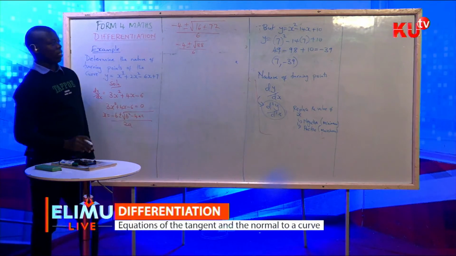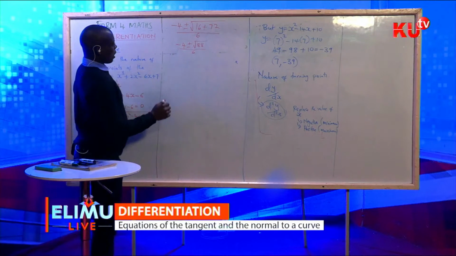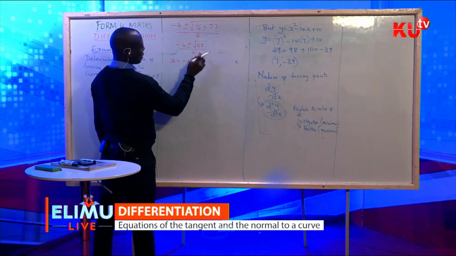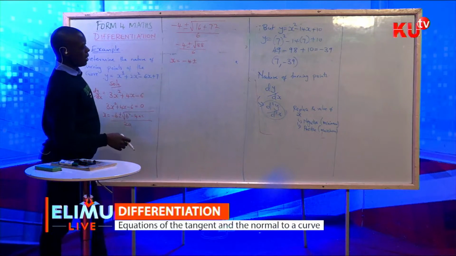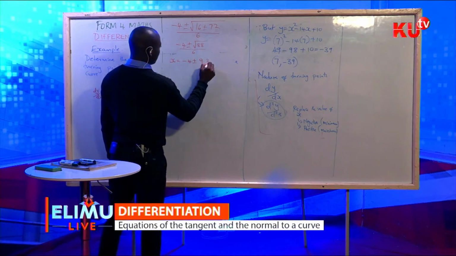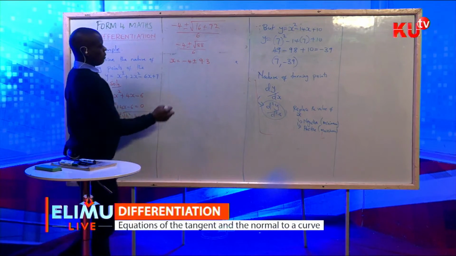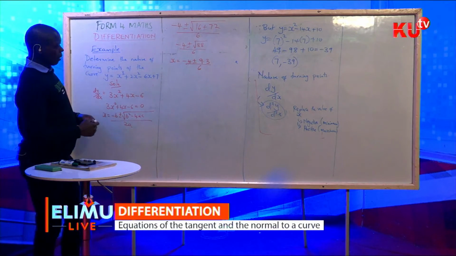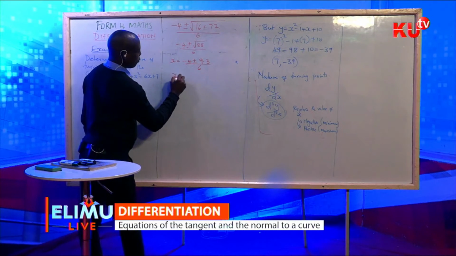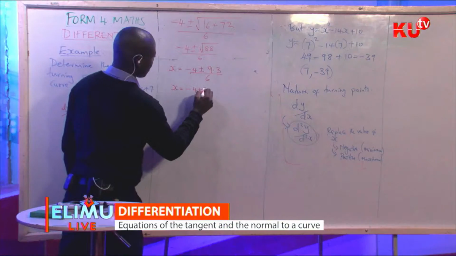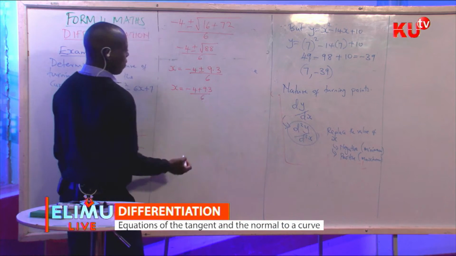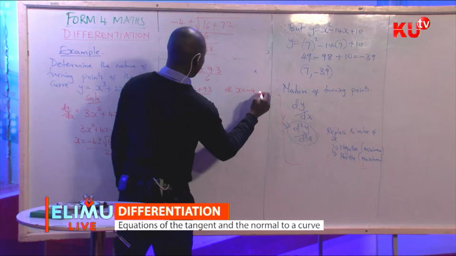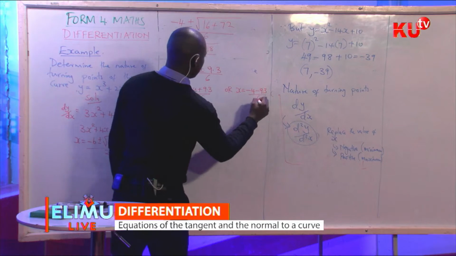If you work out the value of x, the square root of 88 is 9.3, and we divide by 6. So we have x equal to negative 4 plus 9.3 over 6, or x equal to negative 4 minus 9.3 over 6.